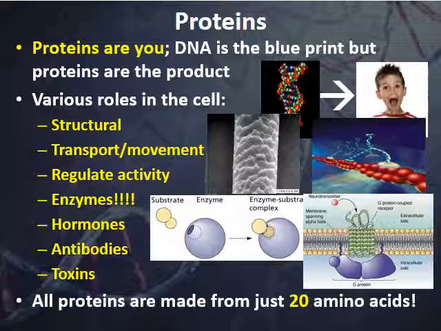Imagine if you had a Lego set and you only had 20 different Lego pieces. You can have as many of those pieces as you want, but there are only 20 different shapes, or 20 different colors, or 20 different forms of those Lego pieces. And so we can make tens of thousands of different proteins, all from these same 20 different pieces, just being used in different numbers and in different ways.